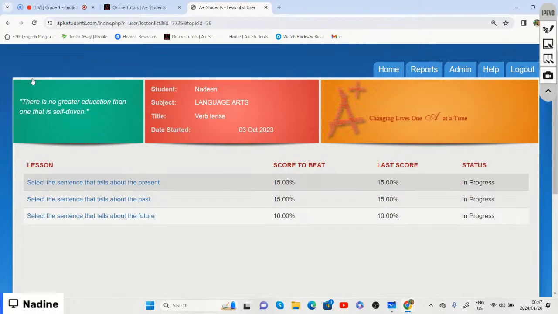And we said the verb tenses are basically the action that is happening either now, which is the present tense, or that happened already, which is the past tense, and what will happen is the future tense. All right, grade one. Thank you for joining our lesson. Goodbye.